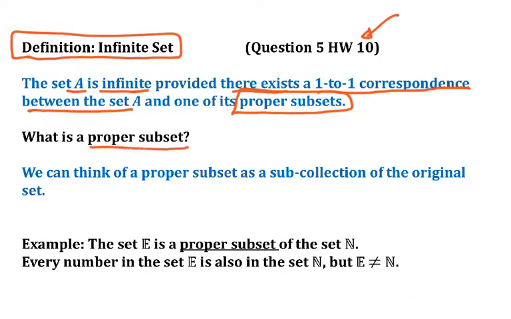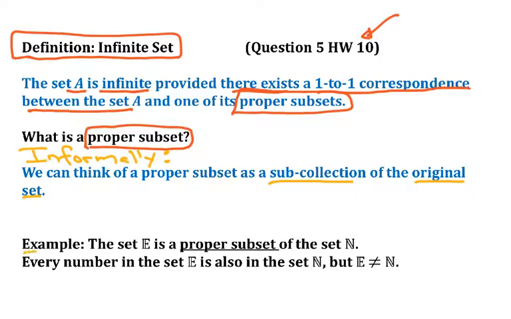Well, what is a proper subset? We're going to define it informally. A proper subset is like a sub-collection of the original set. It doesn't have all the same things in it as the original set, but has some of them.